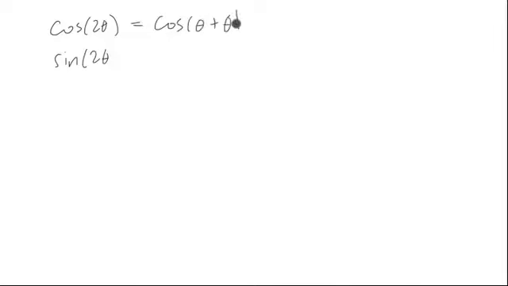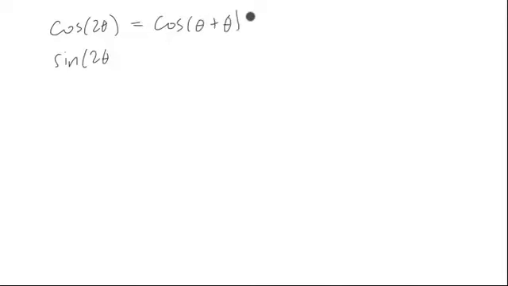Let's look at identities for cosine of 2 theta and sine of 2 theta. We'll think of cosine of 2 theta as being cosine of theta plus theta.